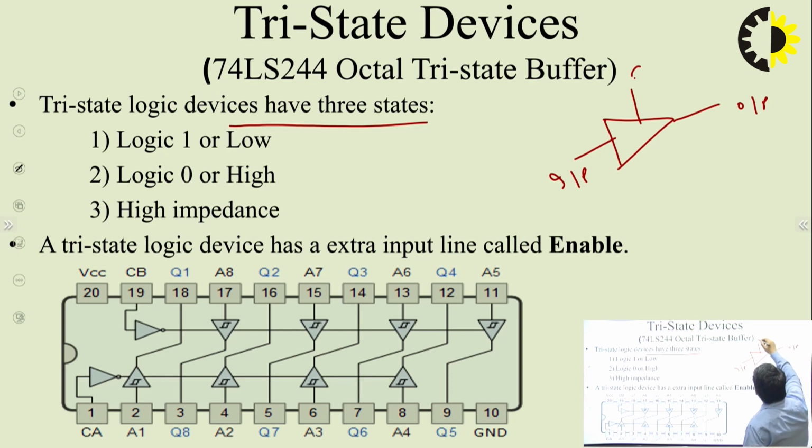This is known as the control or enable. So this logical device is known as tri-state buffer because at the output there are three possible states.